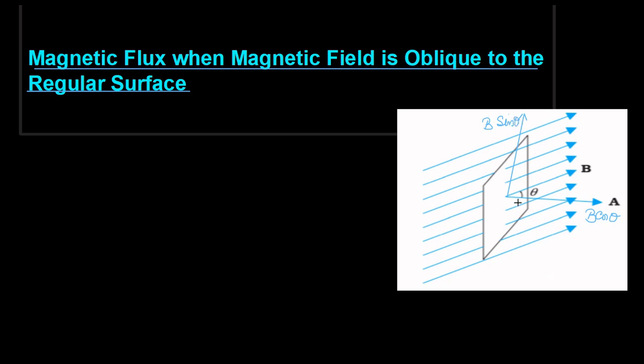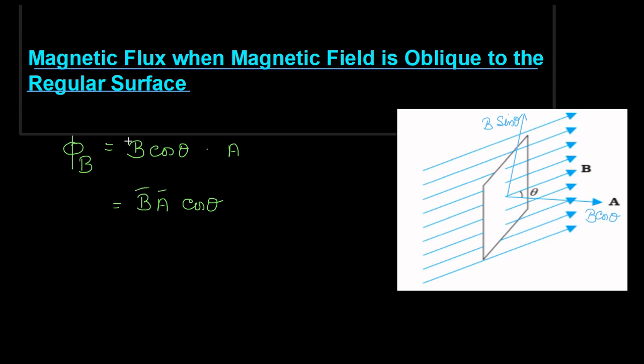We know the cos component of B is only along the direction of area vector. So the magnetic flux phi B is equal to the cos component of magnetic field times area A, or phi B equals BA cos theta.